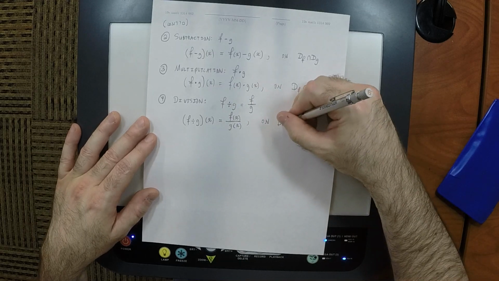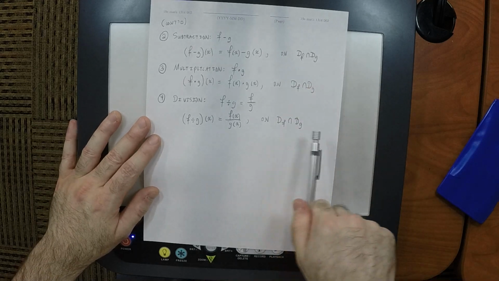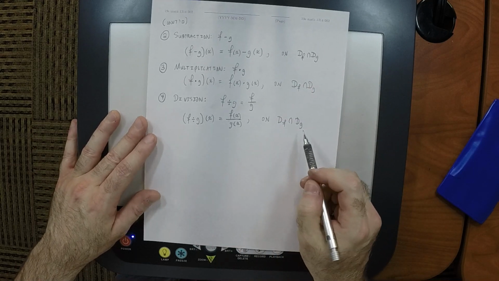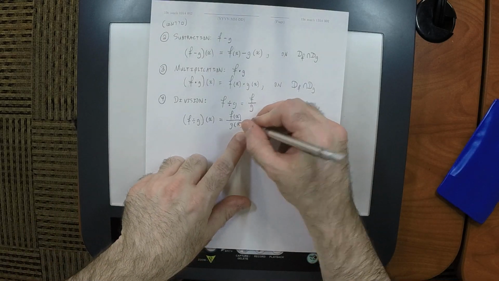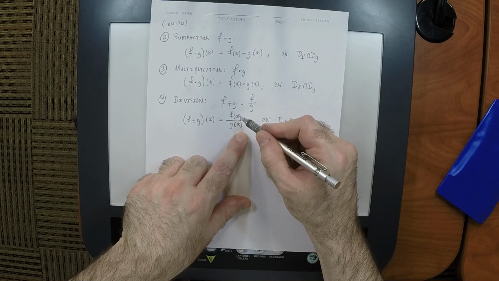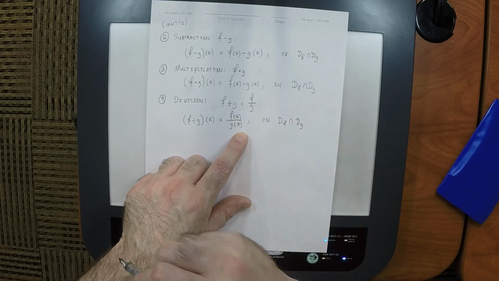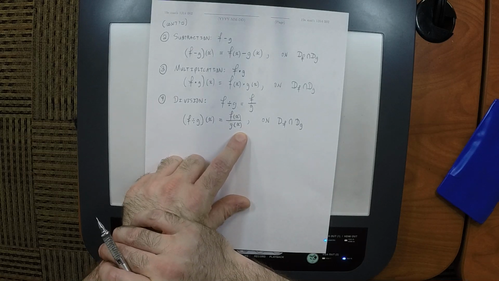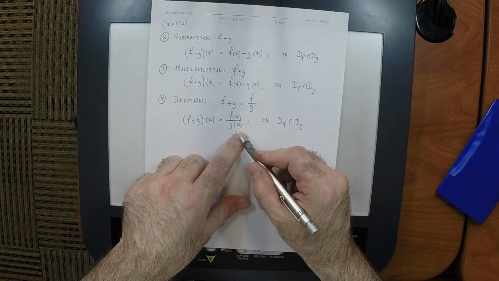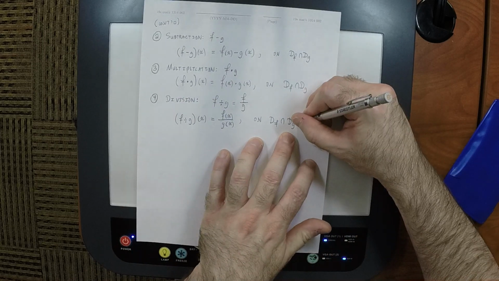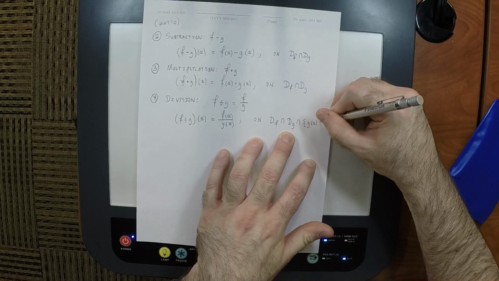And its domain is almost the same. They both have to be defined, so in order to even evaluate this, you have to be able to evaluate f, and you also have to be able to evaluate g. But in addition to that, because g is in the denominator, what else do we need? g has to be non-zero. So it's even more restrictive: intersect g of x not zero.